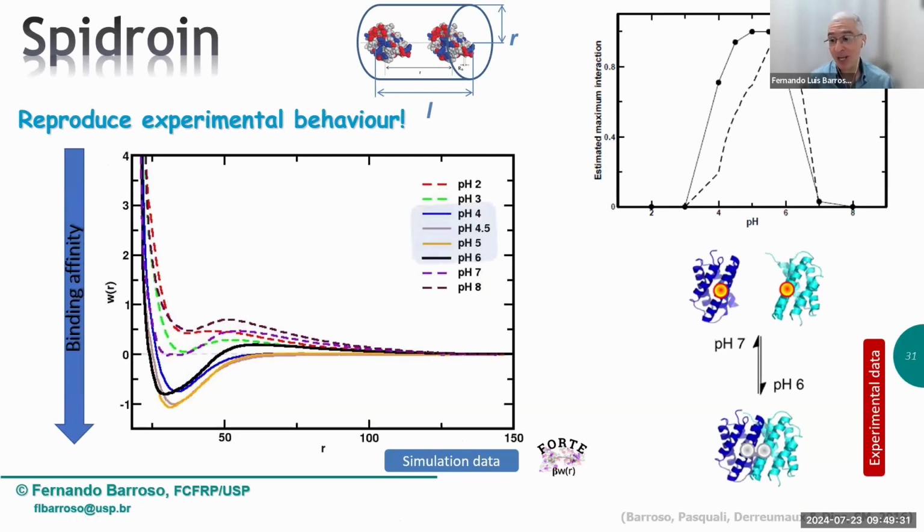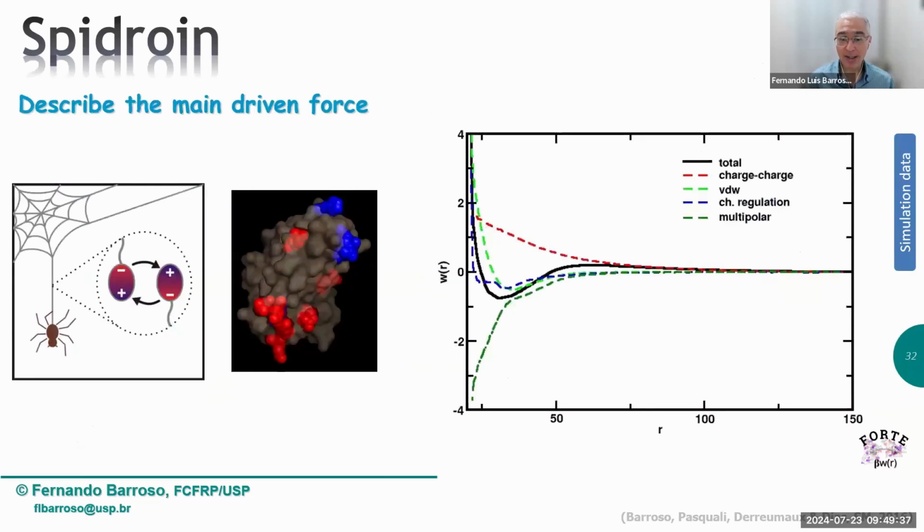The next question that the simulations could help to solve is, okay, now what is the driving force? In this case, we switch on and switch off different interactions, and we could see that the point was the dipole interactions. Remember that in simulations, you can play God. So you can switch on and switch off things, and using that, we can define what was the driving force.